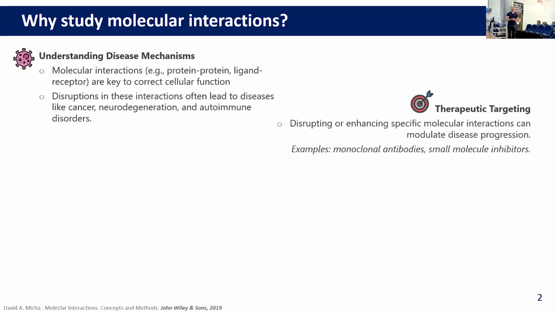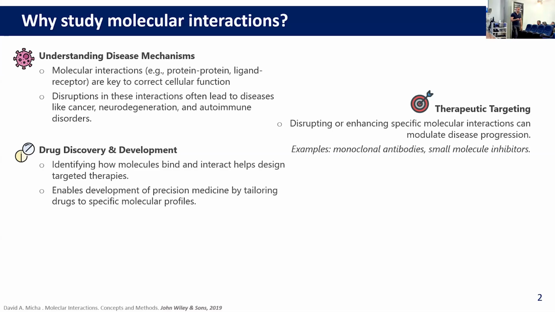So again, from the point of view of biomedicine, it's very important to understand the disease-causing mechanisms in order to treat them, in order to improve the therapeutics, because these diseases might be caused by the interruption of a molecular interaction.